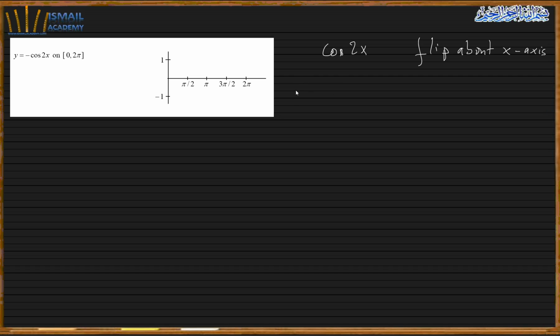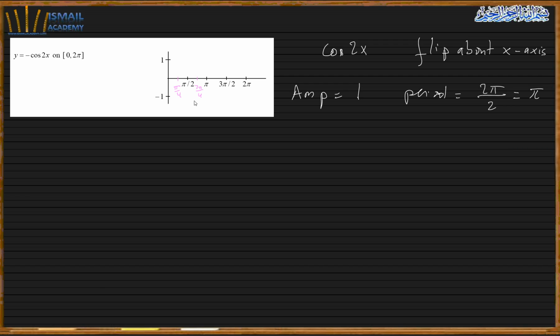Here my amplitude is the coefficient of cosine, which is 1. And my period is 2 pi over the coefficient of x, which is 2, so it's going to be pi. So this is my pi. I divide this period into 4 equal sides. That means this is pi over 4, and this is 3 pi over 4.